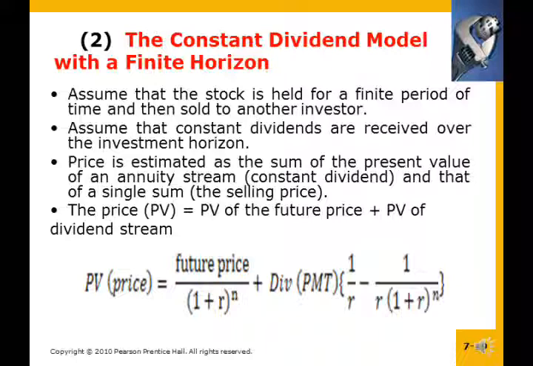So to get the present value of the lump sum, you will divide future price by 1 plus r to the power n. Then you have to get the present value of the dividend stream, of the annuity. What is the present value of an annuity? Equal to PMT, which is the dividend, times 1 divided by r, minus 1 divided by r times 1 plus r to the power n. So here you apply the same rule as the rule of pricing the coupon bond.